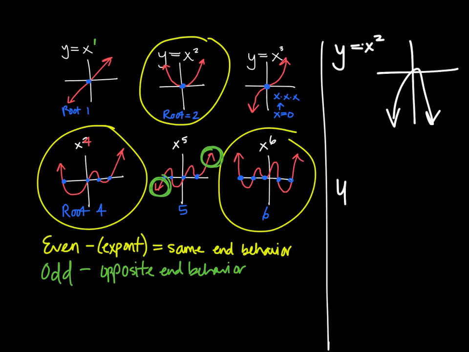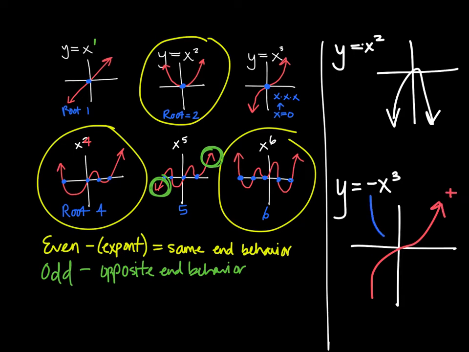The same thing happens if I have y equals negative x to the third. I'm still going to have opposite end behavior, but instead of going up on the right like this, now I'm going to be going negative. So if you have a negative coefficient, now it's going to be going down as you go to the right. But it's still having this opposite end behavior where one side is up and the other side is down.